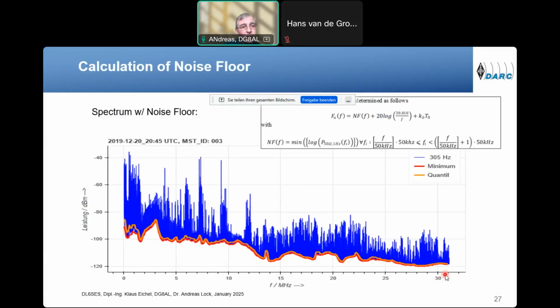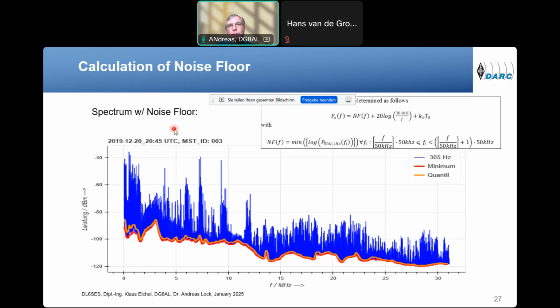Now we come to the calculation of the noise floor. We were visiting the ITU colleagues in the Netherlands 3 weeks ago, and there was an interesting discussion on the noise floor. One thing is to measure the spectrum, the amplitudes, the signals correctly, but it's also of interest, especially for the ITU, which wants to use also our data, that we calculate and derive the noise floor correctly.